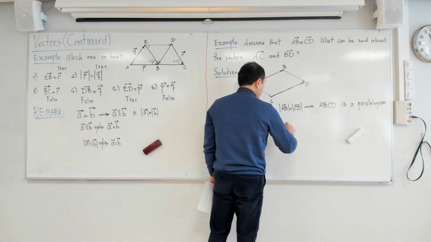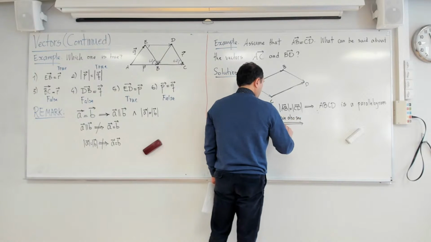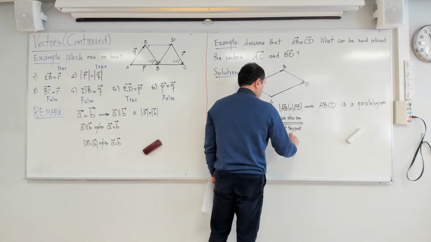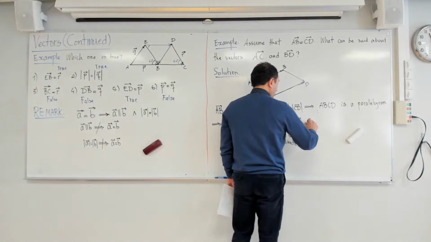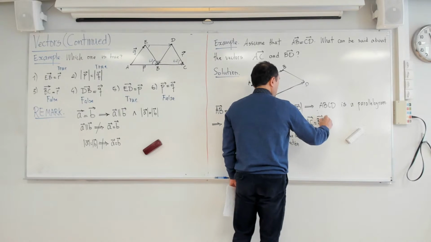And we also see that they point to the same direction. So what can I conclude from here? I can conclude that vector AC is equal to vector BD.